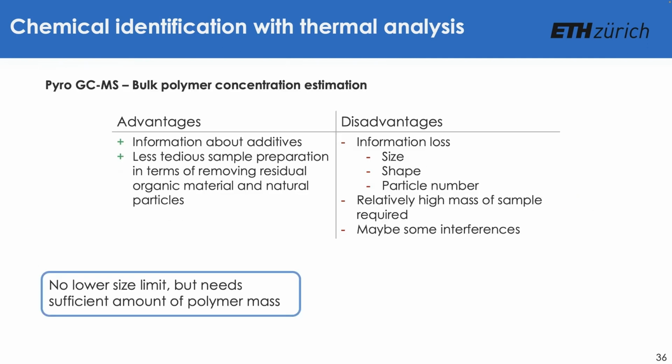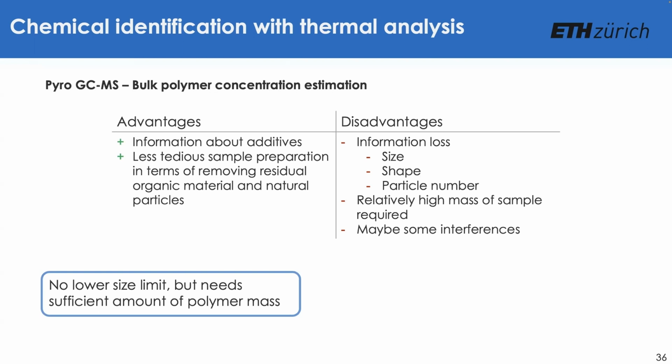When we think about the advantages here, we can also get information about different plastic additive chemicals which are in the sample as well, not just the main polymer, which is typically the case with micro FTIR. And it could be considered a less tedious sample preparation.